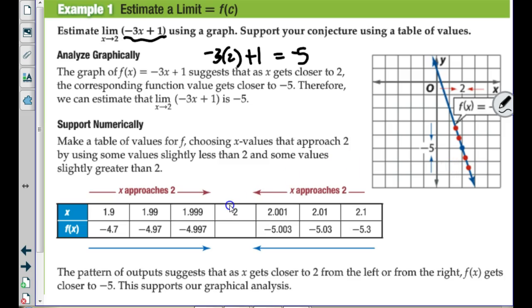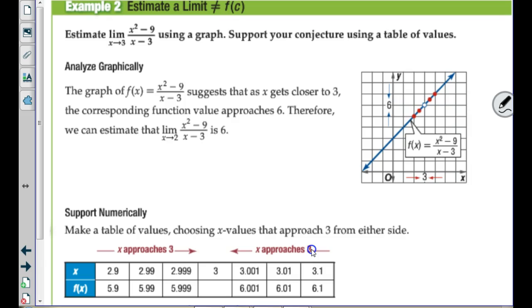The other way we're going to check this kind of thing is that it has to approach that same value of -5 from both sides. So if we had put into our calculator 1.9, 1.99, 1.999, you see it's getting closer and closer to -5. If you come from above, 2.1, 2.01, 2.001, it's also getting closer and closer to -5. So therefore the limit exists and it is -5. It's really easy, right?